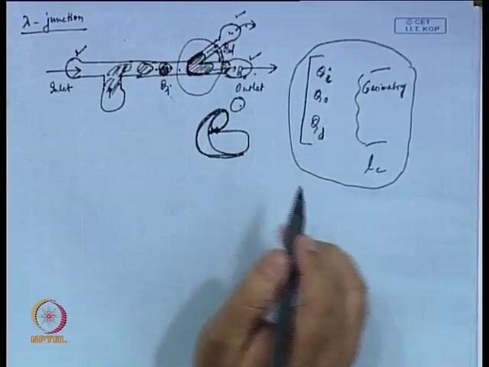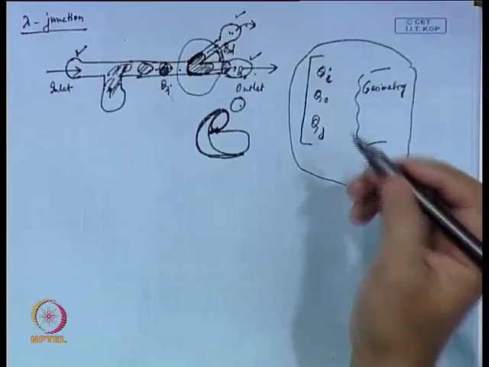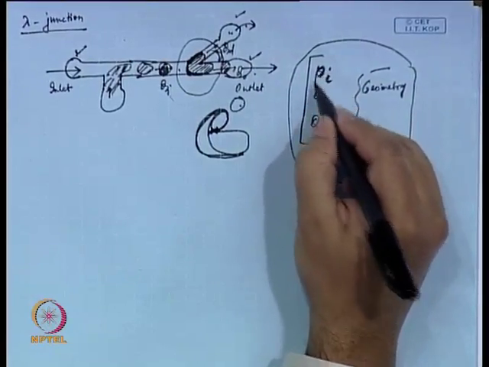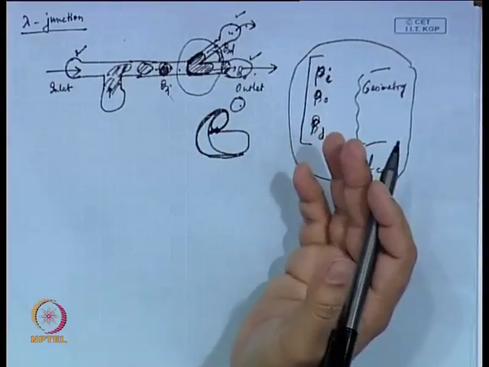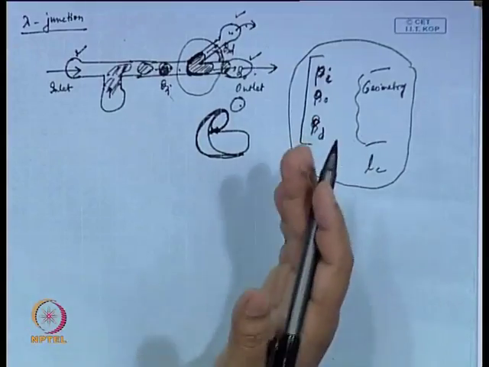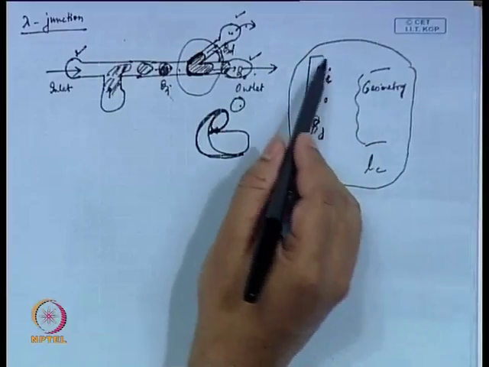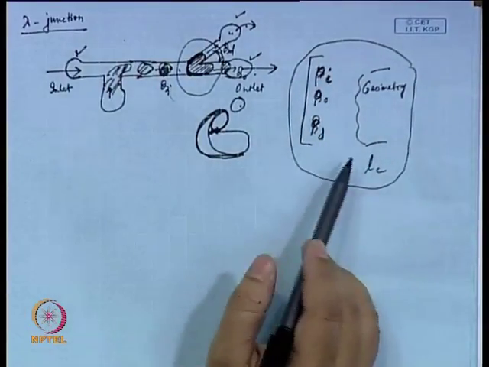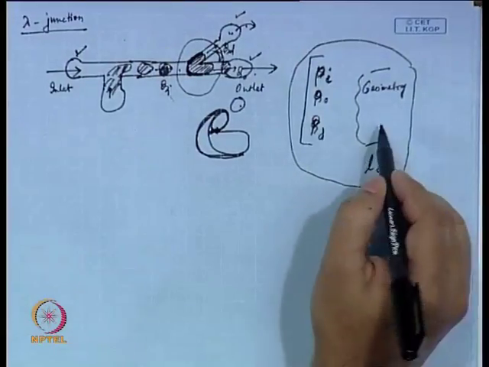These govern what should be the diameter of the droplet, and moreover, you don't need to write Q_I, Q_O, Q_D. You can write simply P_I, P_O, P_D, the pressures at this point. So, pressures and the geometry, that would govern, most importantly, whether you form a daughter droplet or not. And of course, sigma, very importantly.